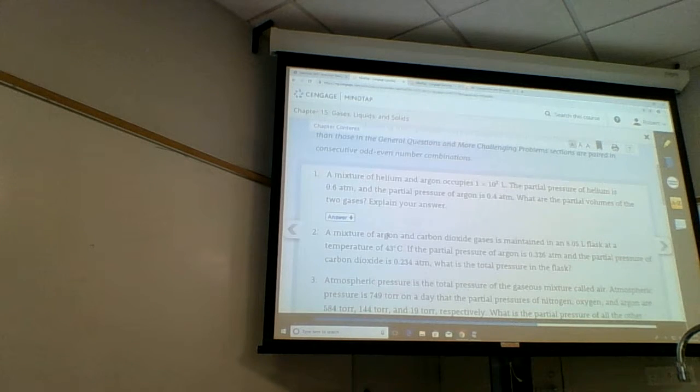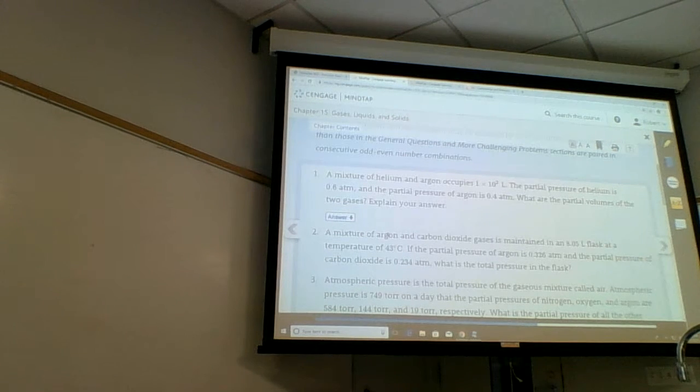So if I separate out the helium from the argon, this is what results. And so 100 liters of mixture is equal to 100 liters of helium, which is equal to 100 liters of argon. And so what I'm going to do is take 100 liters of helium and add to it 100 liters of argon.